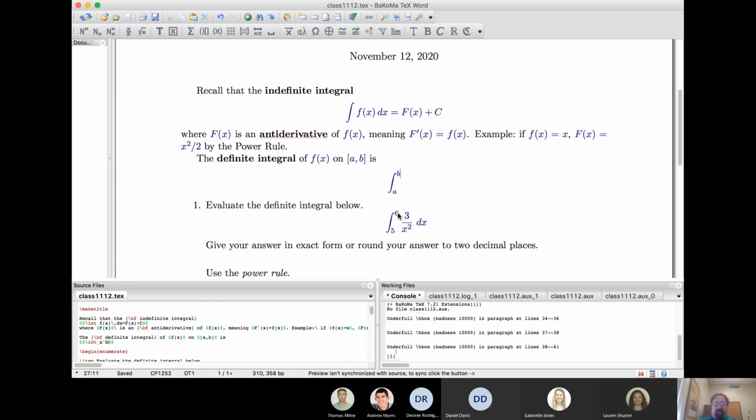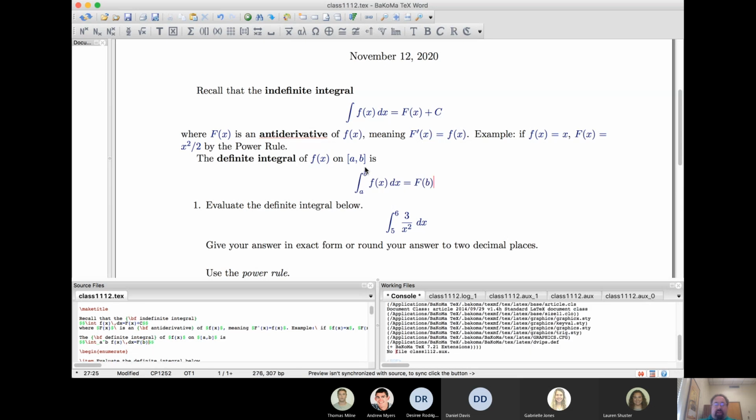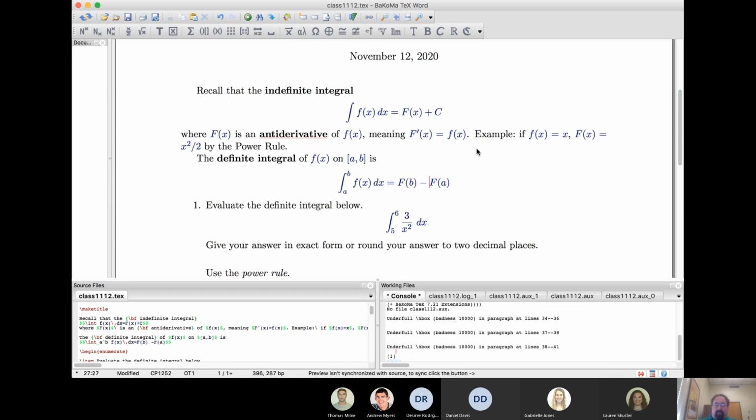We have an integral sign, there's a 5 and a 6. So a and b are the limits of the integral. And then you have your function, and then you have a dx. So what is this equal to? Well, you still need an antiderivative, but now what you do is you plug in the limits. So you have F of b and F of a, and then you subtract them.